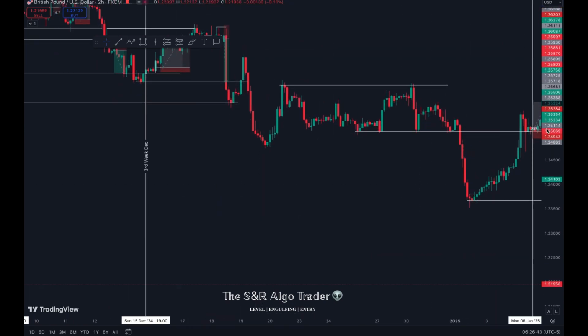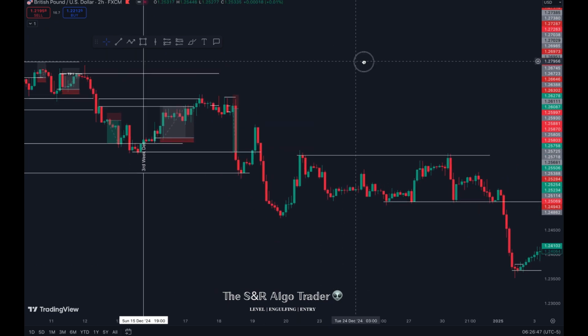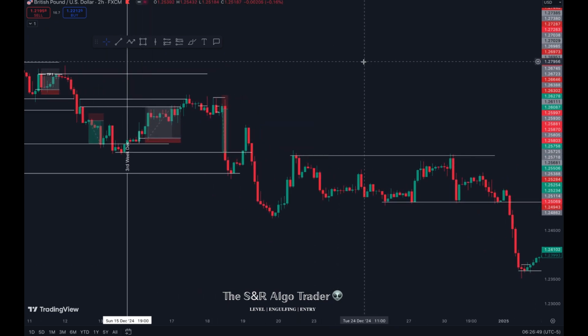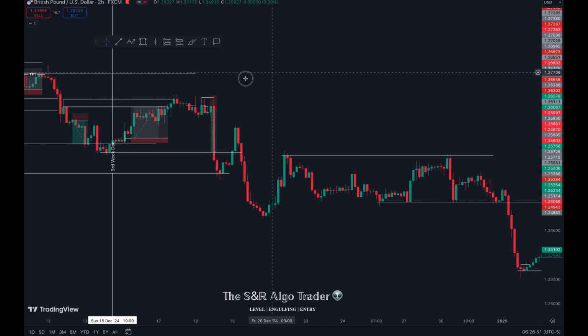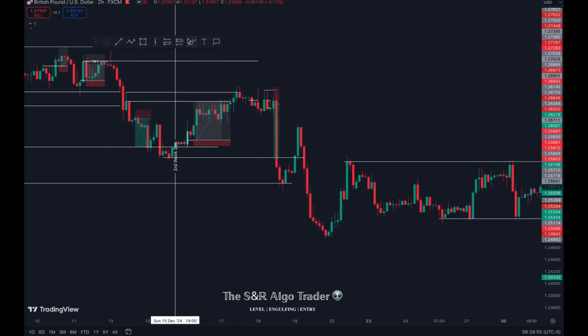Right, sure. This is a clear example. If you check here, market was going up, low, up, low, up. It cleared this liquidity, then came down.